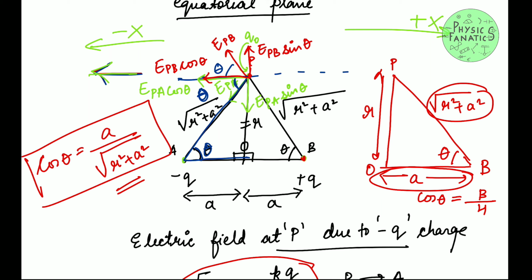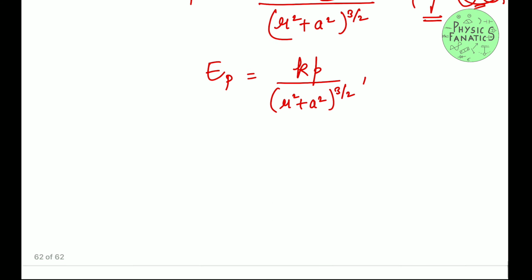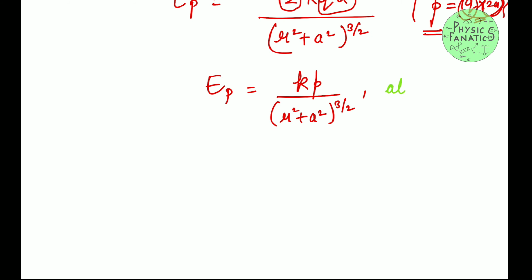Or I can also say if minus q to plus q is the plus P direction, then plus q to minus q is the minus P direction. I hope I'm making sense. So the direction is along minus P, opposite to the dipole moment. I hope that is understandable.